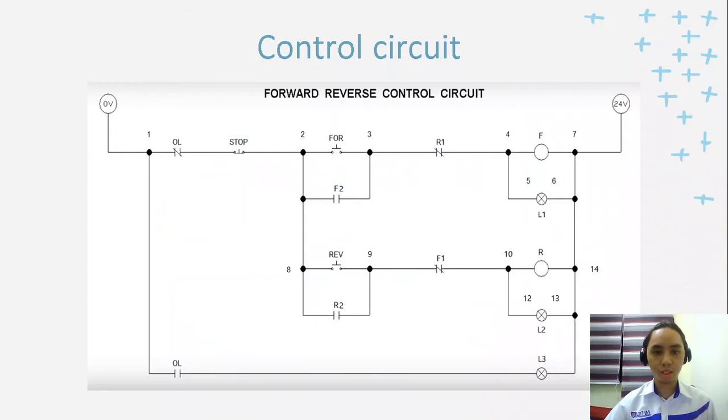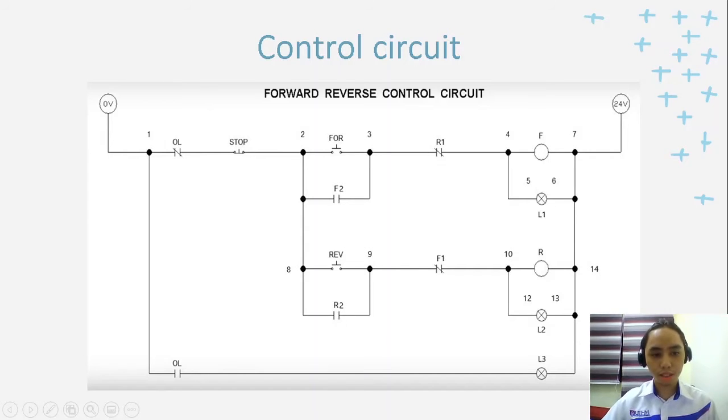The first circuit is the control circuit. In this circuit, first the output of the wire is connected to the lamp L3 and then to the overload, normally open, and then to the input overload, normally close, to complete the circuit.